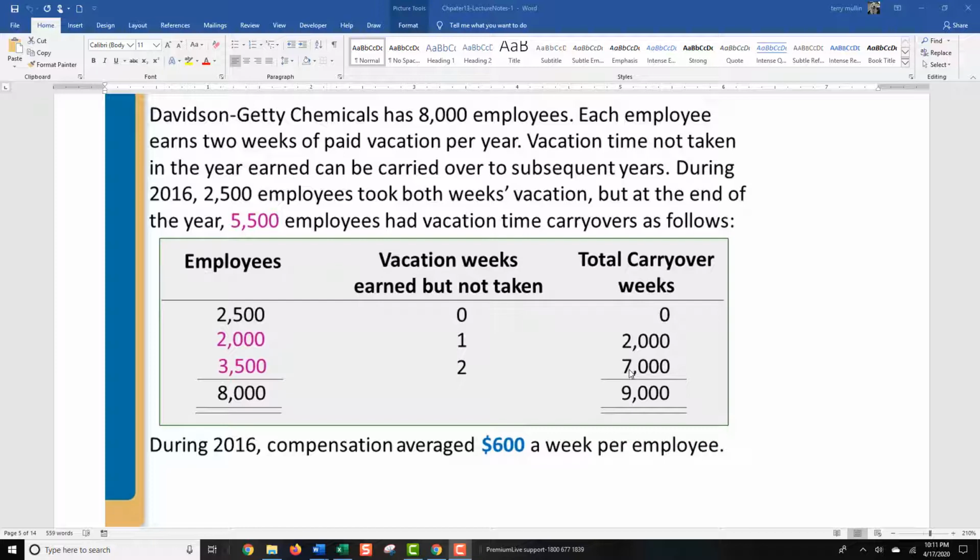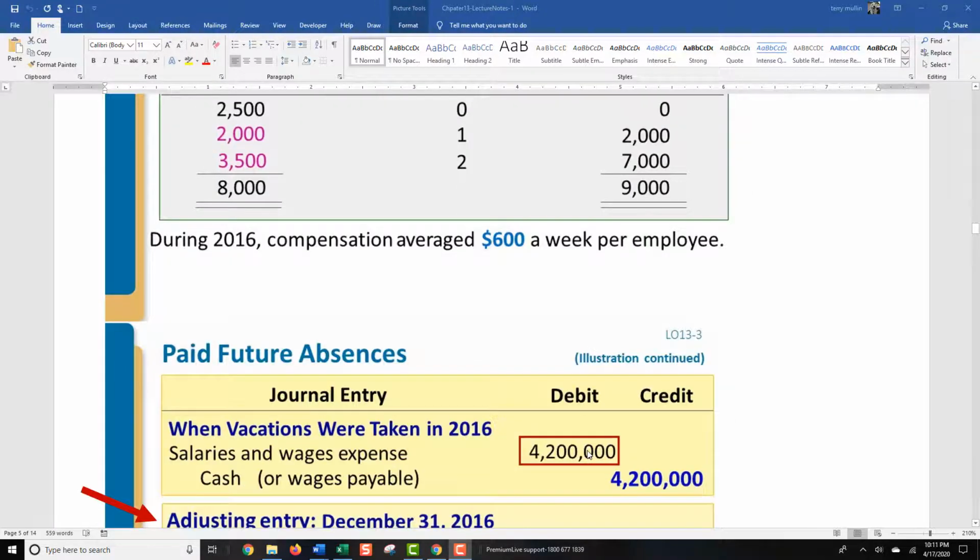So in other words, there were 7,000 weeks of paid vacation to come. Does that make sense? So that's a total of 9,000. And the average compensation was $600 a week per employee.